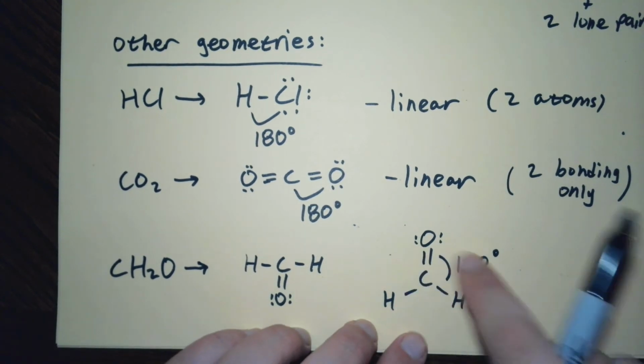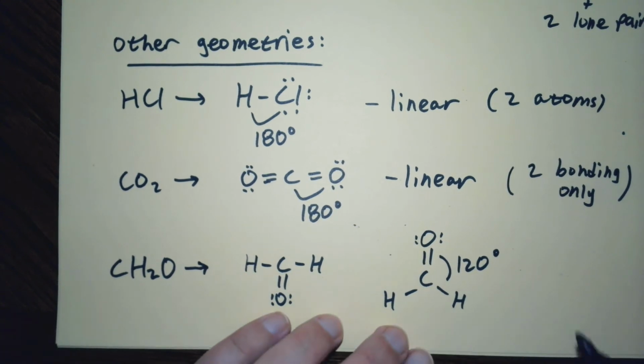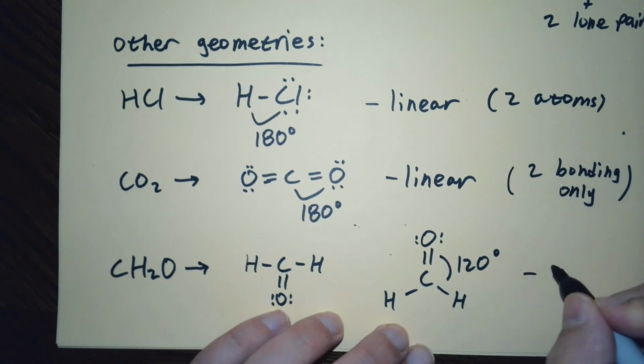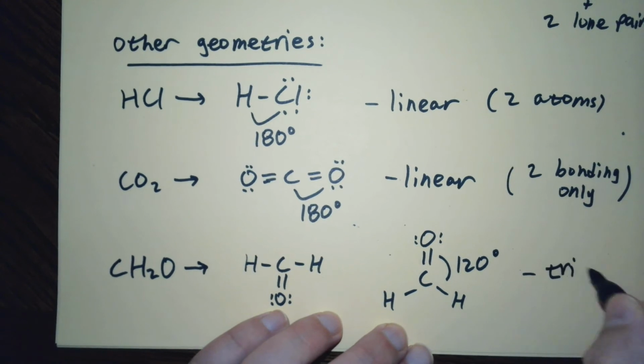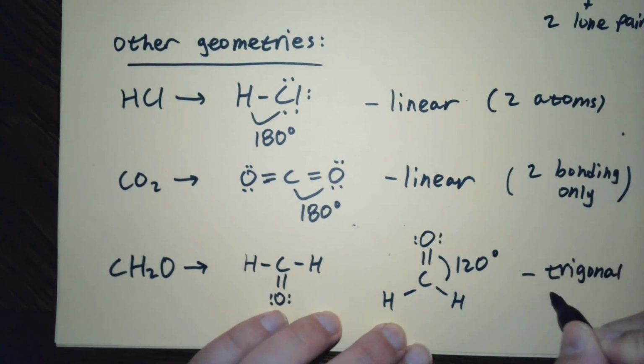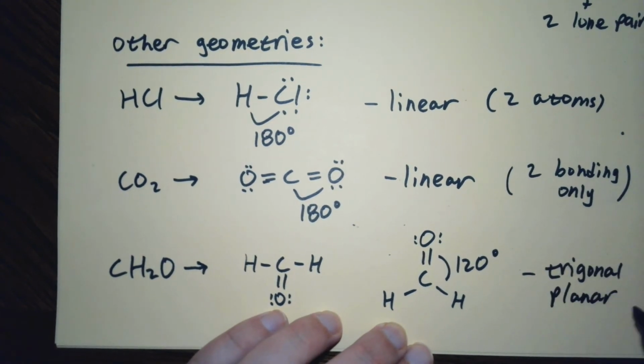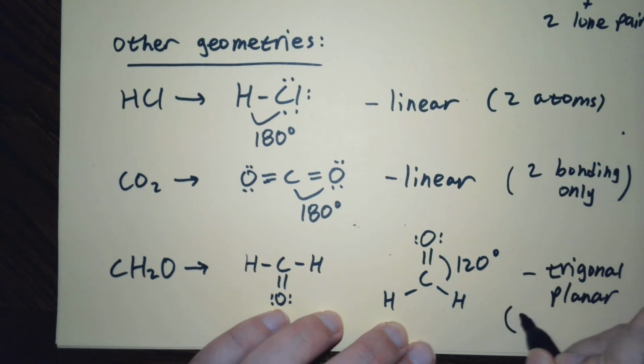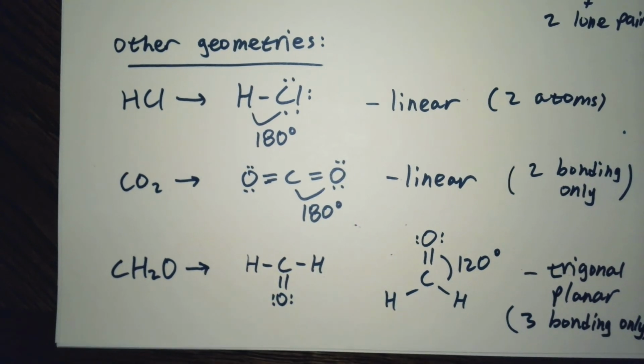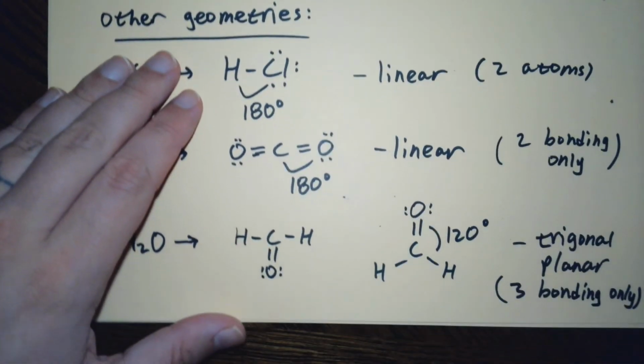Take 360 degrees, divide it in 3, you get 120. And this is known as trigonal planar. And so this is 3 bonding areas. No lone pairs.